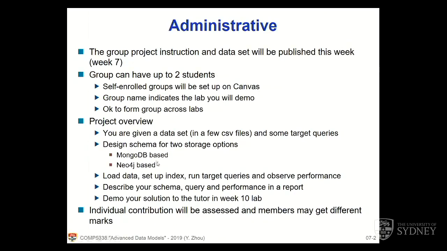And then basically for each storage system, you need to load the data. And sometimes you may have to write some script to load the data into the system. And then set up an index and run target queries and record the result and observed performance.